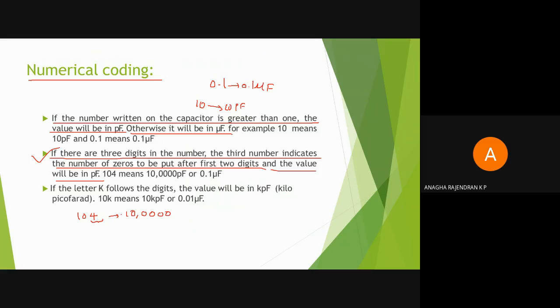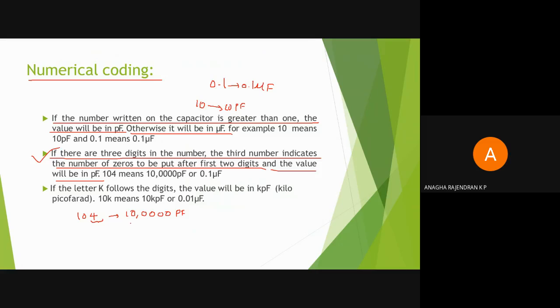So if there are three digits, the first two digits stay the same, and the third digit indicates the number of zeros to be put after them. That much picofarad, so 100000 picofarad. Normally in the question paper it will ask to write this value in microfarad.